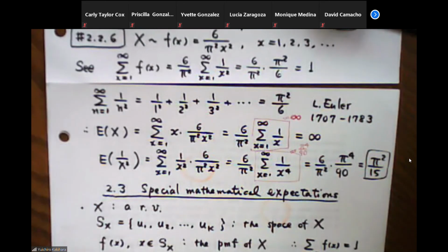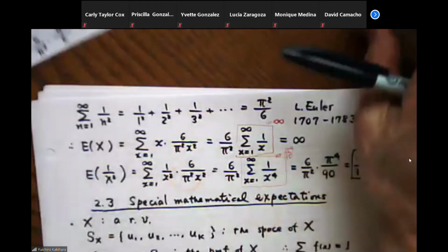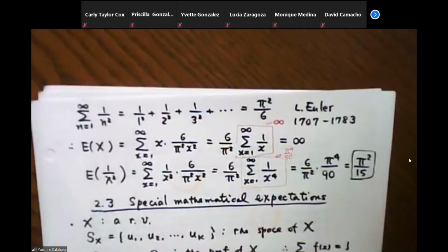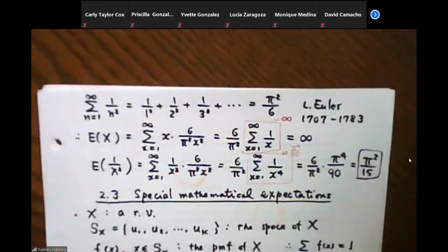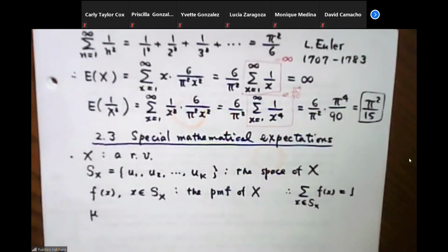And we define the mean mu. Mu is the expectation.